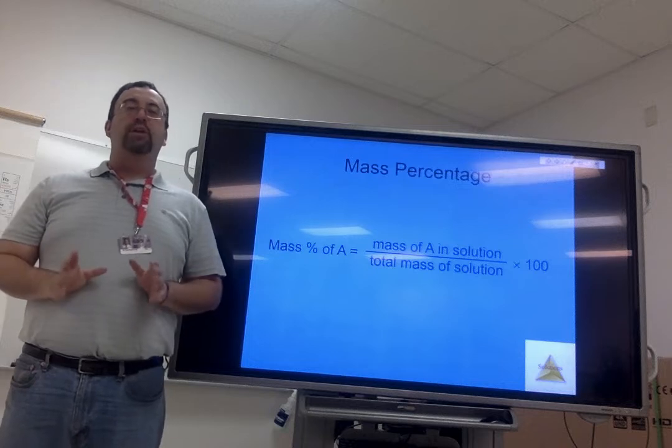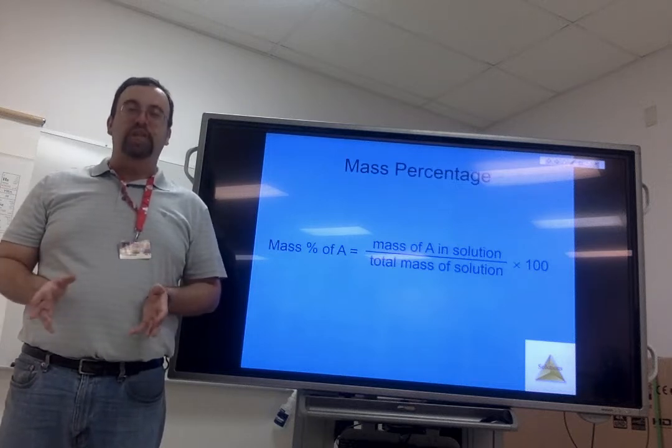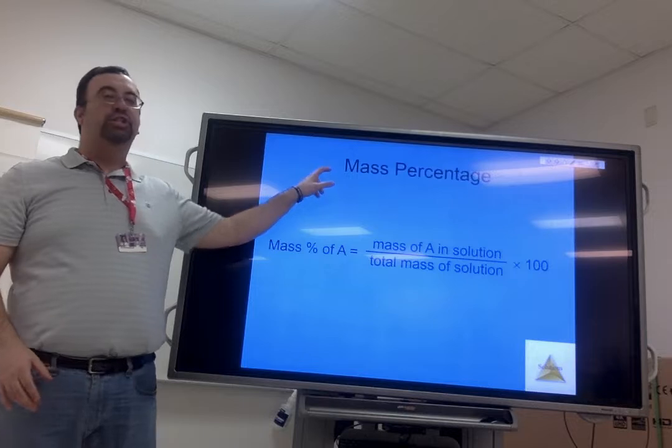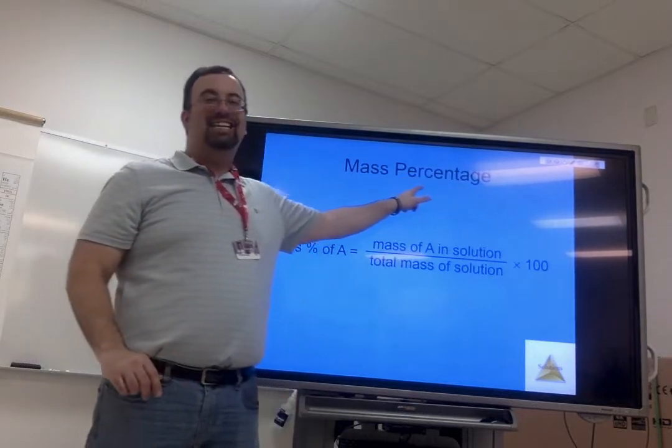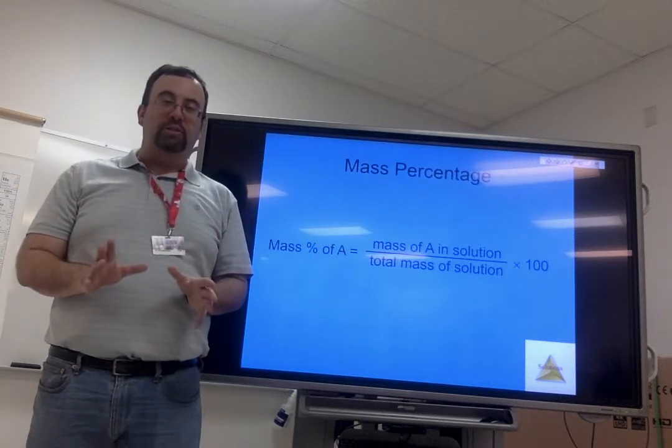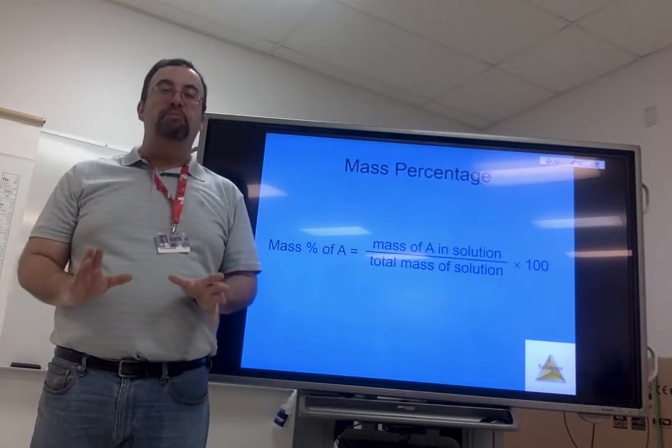Our first way to look at concentration is by using what's called a mass percentage. Notice that we have the word percent, and whenever you hear the word percent, the number 100 should hopefully pop into your head.